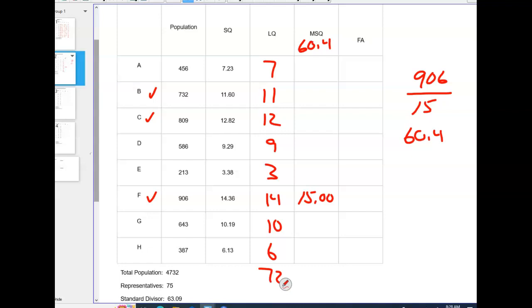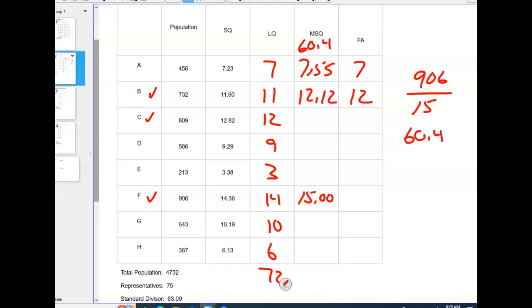Now, that means I need to take each population and divide by 60.4. 456 divided by 60.4. That's 7.55. That stays 7. 732 divided by 60.4. That's 12.12.